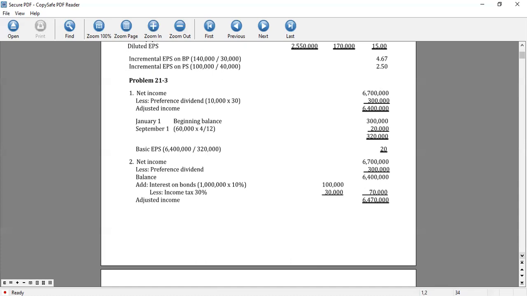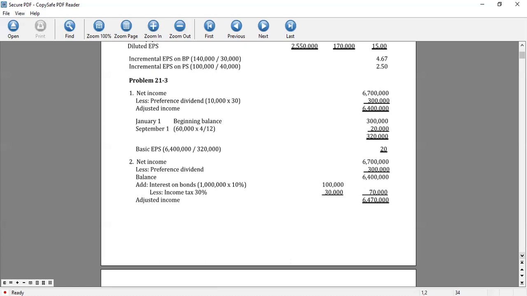On January 1, the beginning balance of the ordinary shares is 300,000. On September 1, the company sold 60,000 shares. From September 1 to December 31 is 4 months. So we multiply 60,000 by 4 over 12, or 1/3. So we get 20,000.